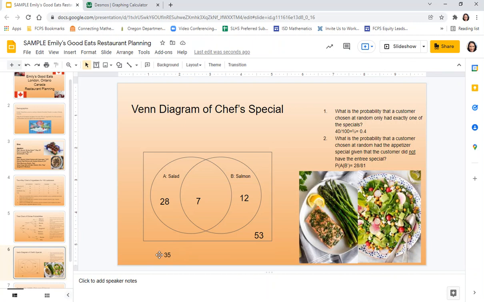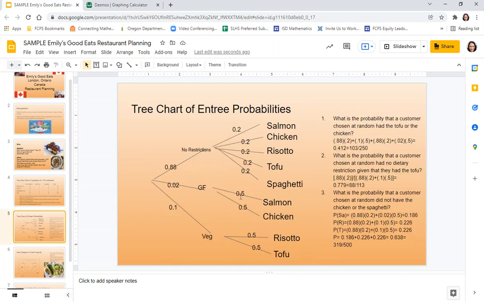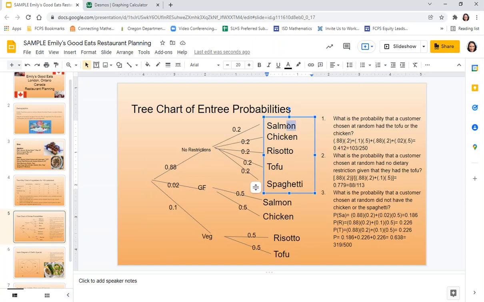So for the salmon, I need to come back to my tree chart, and I notice that there are two possibilities for having salmon for your entree. It could be somebody with no restrictions having salmon, or it could be somebody who is gluten-free having salmon. So to find the probability that a customer had salmon, I need to multiply the 0.88 times the 0.2.